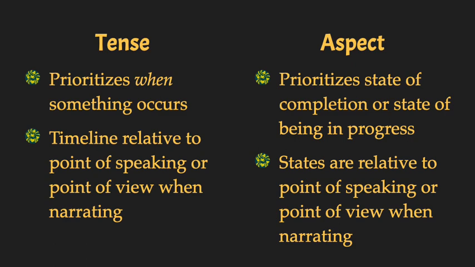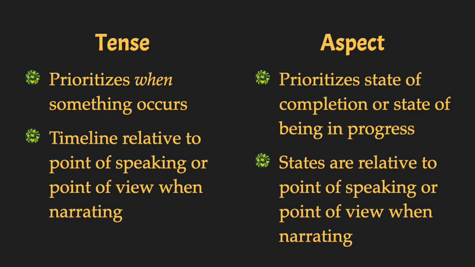And here, these states of events and their relative finishedness or unfinishedness are relative to, again, a point of speaking, or they can also be relative to a point of view when you're narrating. And so that is the overview of tense versus aspect.